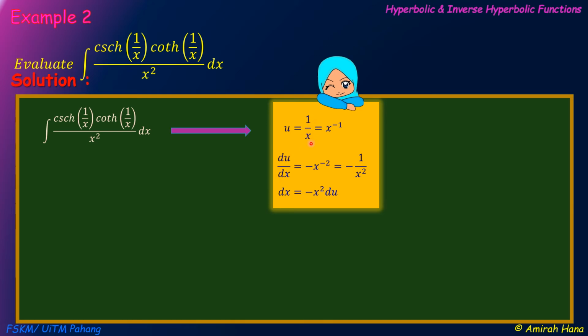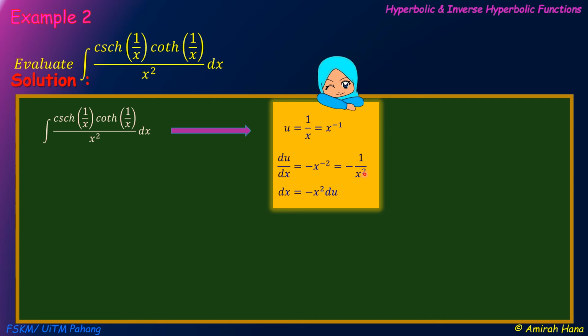When we differentiate 1 over x, the first step is to change it into the form x to the power of -1. So using the power rule, after we differentiate, we have negative x to the power of -2. Then we bring x to the power of -2 to the denominator, so we have negative 1 over x squared.